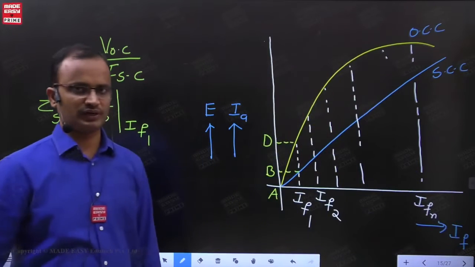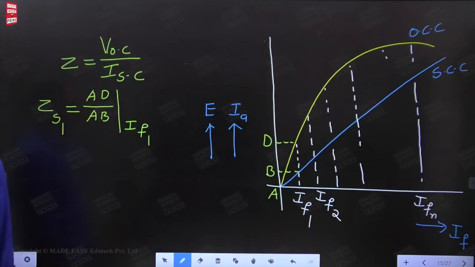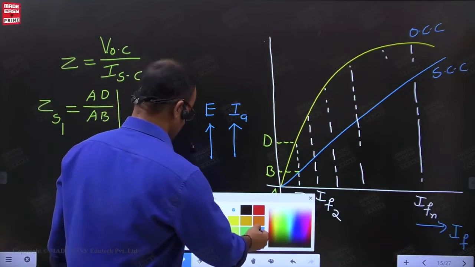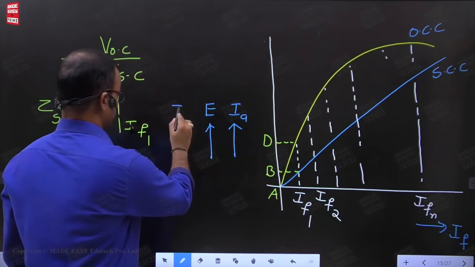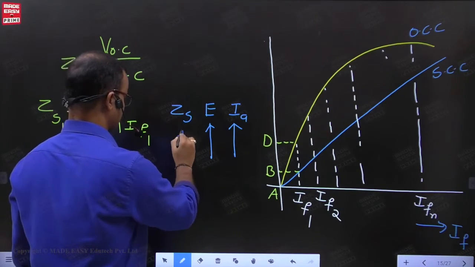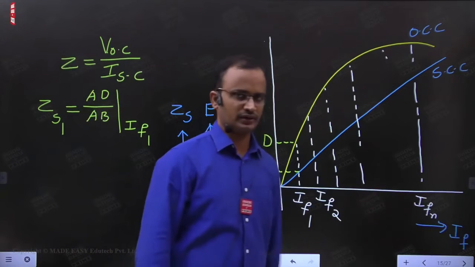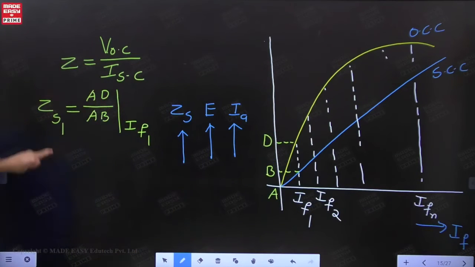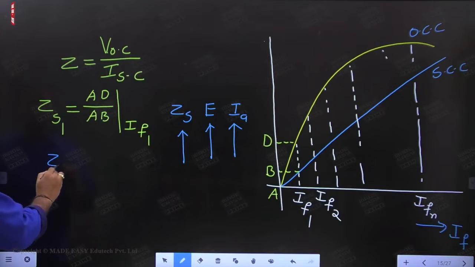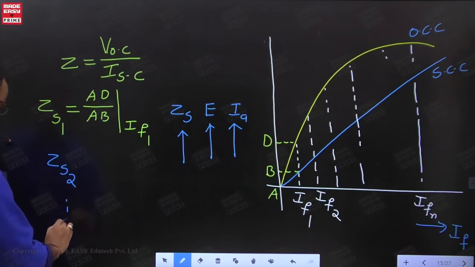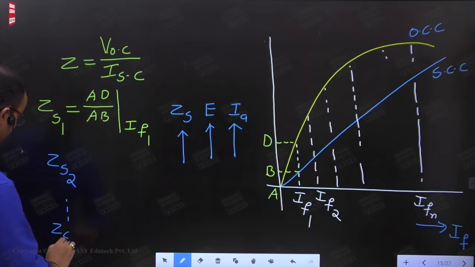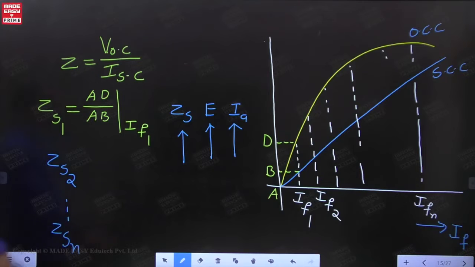Every time we apply this procedure: open circuit voltage by corresponding short circuit current. By applying this procedure we can find the respective synchronous impedance values, ZS2, and likewise we can repeat it n number of times.